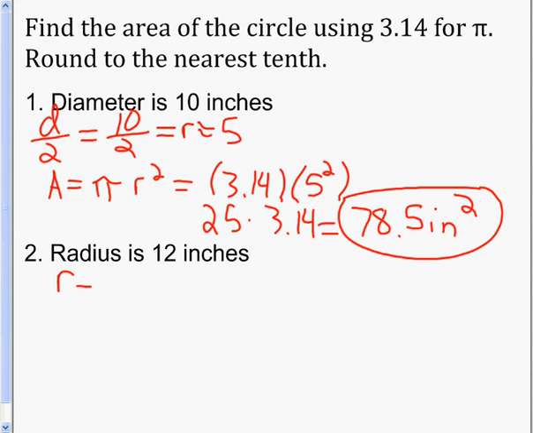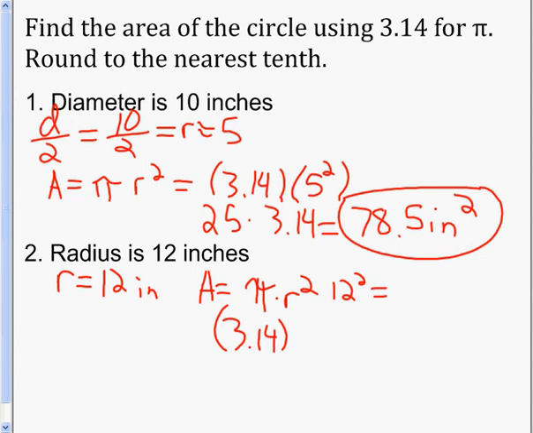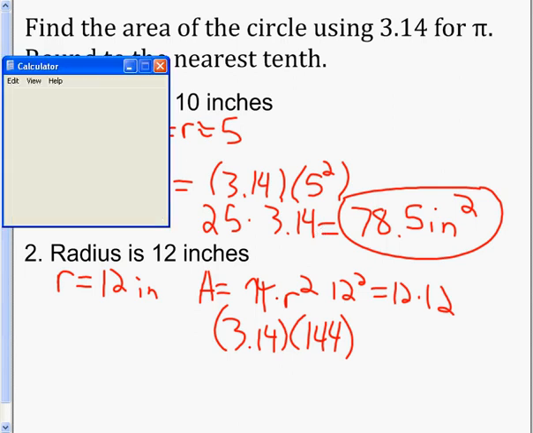Next, radius is equal to 12 inches. I'm ready to go because I have radius. So area equals pi r squared, Fuzzy Wuzzy was a bear. So 3.14, 12 squared is 12 times 12 is 144. So we'll plug that in as 144 times 3.14, and I should be around 450.